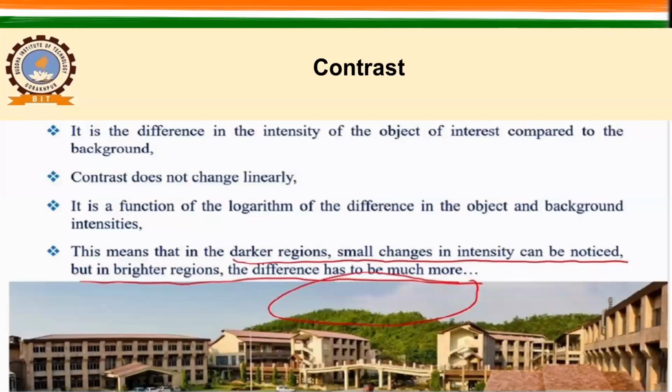So it is saying in the darker region, small changes in intensity can be noticed, but in the brighter region, the difference has to be much more. Here you can see, ये तो एक example हो गया. Now just compare with the first photograph and observe this particular part.